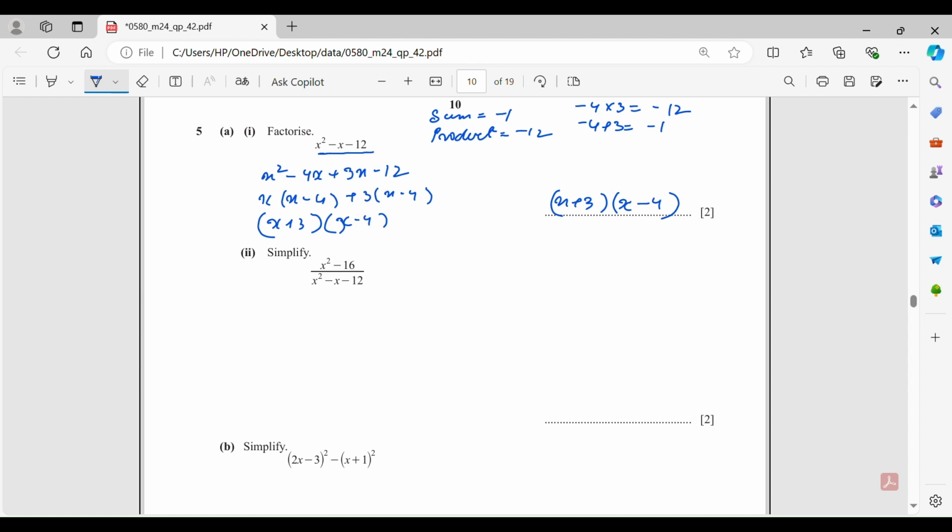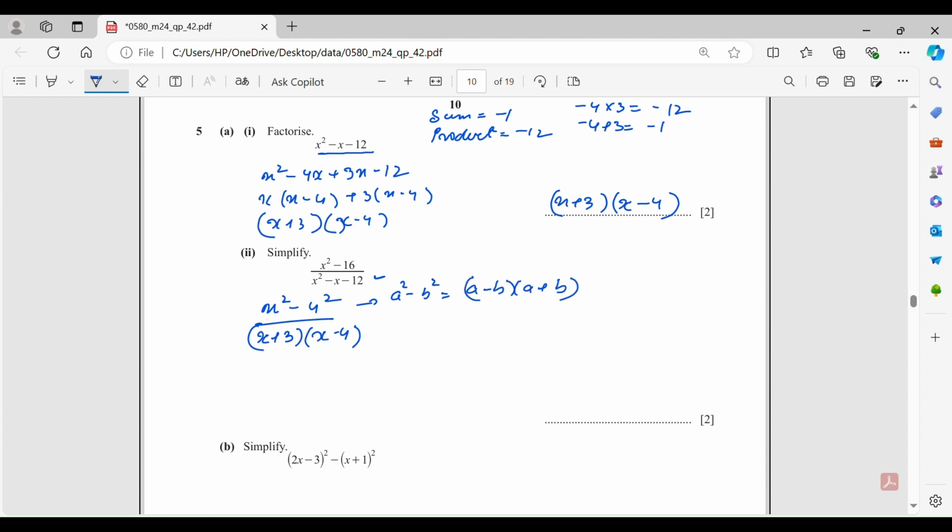For this, x square minus 16, where 16 can be written as 4 square, over the denominator, and the numerator can be written as x plus 3, x minus 4. We have already done this above. Here we will use the identity a square minus b square, which is equal to a minus b and a plus b.